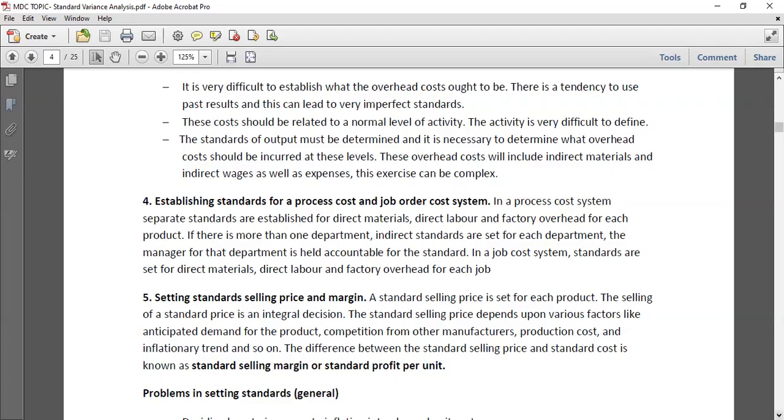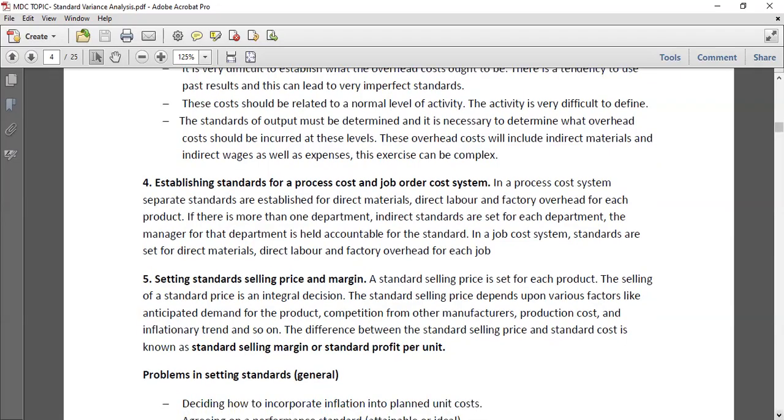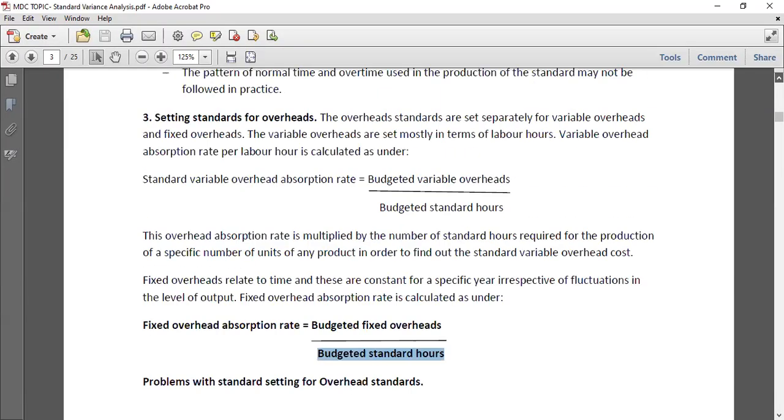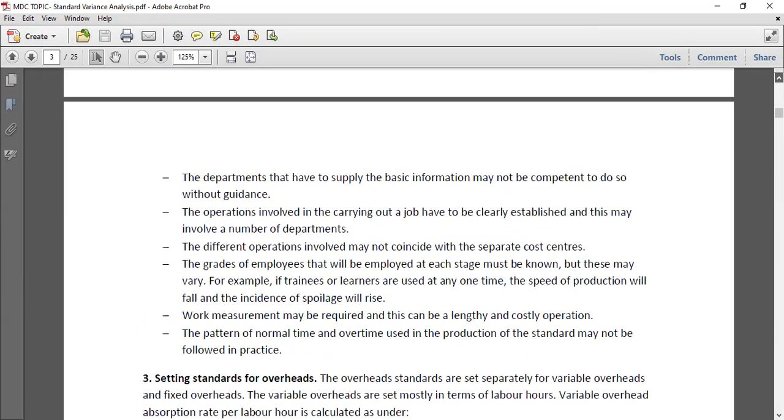And then also knowing that, if we are setting the selling margin, that should basically be the difference between your standard selling price and the standard cost. Now, like you see, all these standards that we are setting do not mean that we are setting the actual price that we are going to sell at.